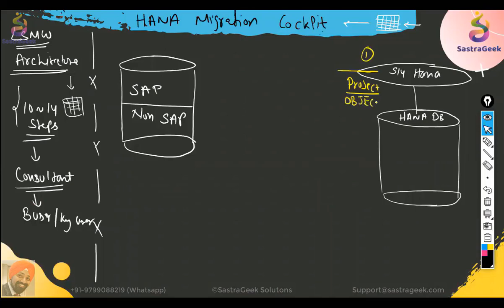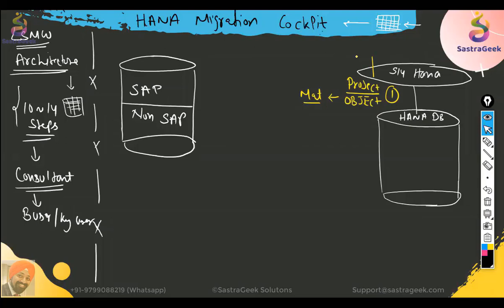What is an object? Let's say the material. We want to upload the material. We'll be creating a project and activating our object, that is the material we want to load the data for. That would be your first step.